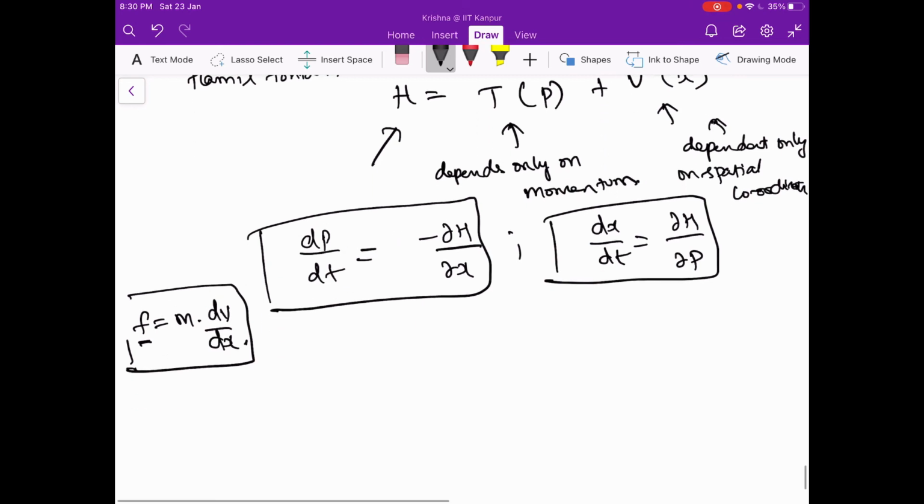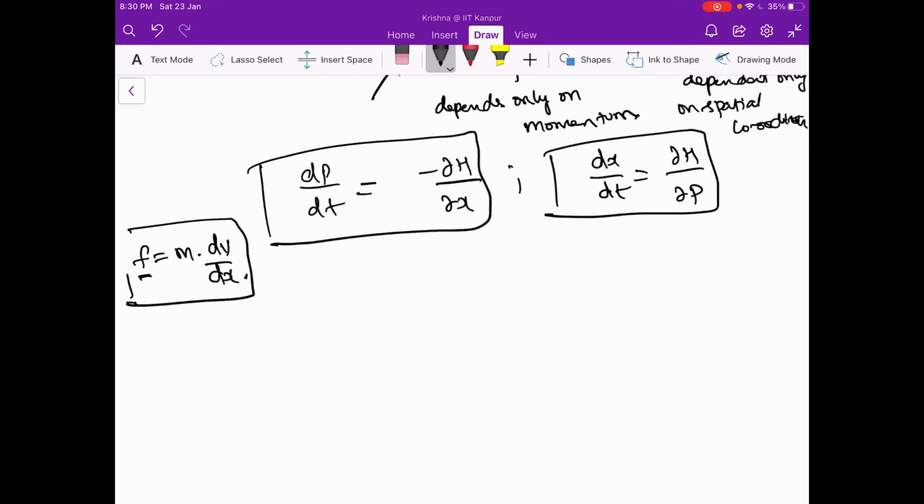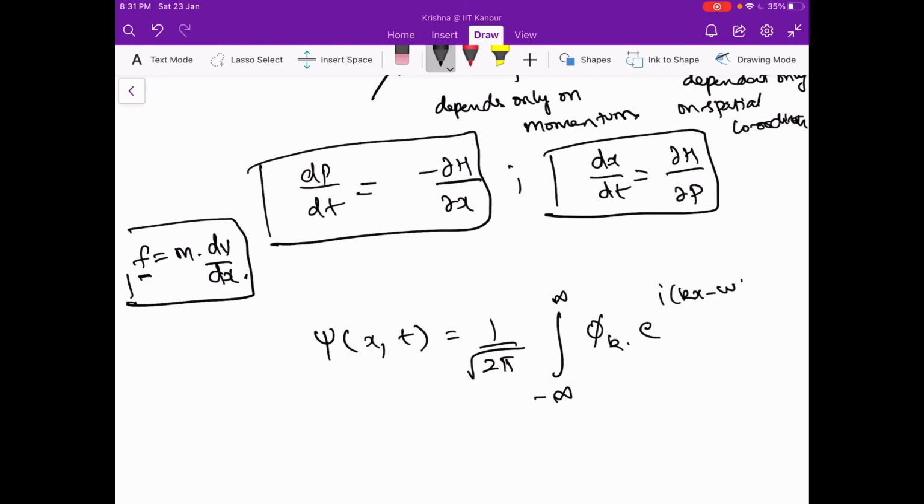But in quantum mechanics, obviously you know that everything is a wave, right? These are all for particles, but when we come to quantum mechanics, you have to talk about waves. And let's write a typical equation for a wave. So let's say you have a wave function psi which depends upon the position and time, and I'm writing a normalized wave function because this is what stays in the Hilbert space: integral from minus infinity to infinity of psi(k) e to the power i(kx minus omega t).